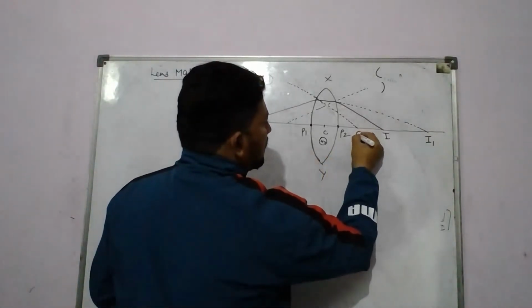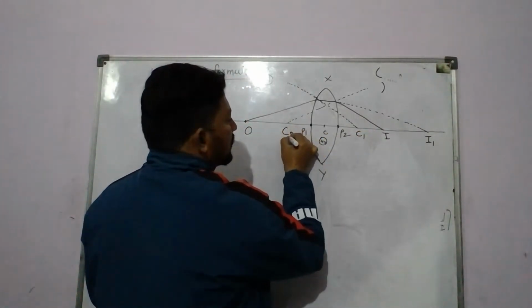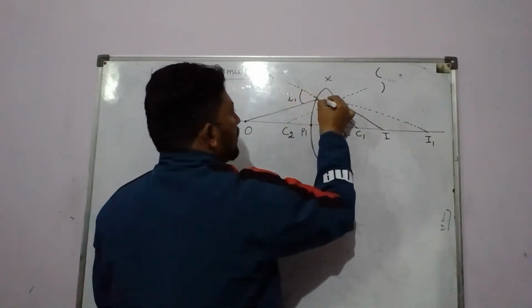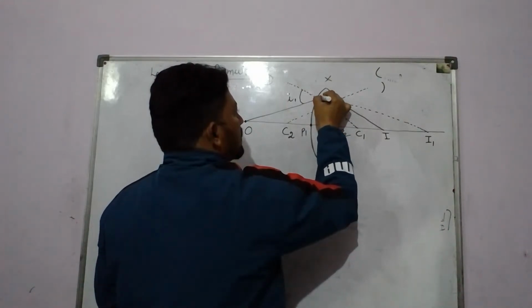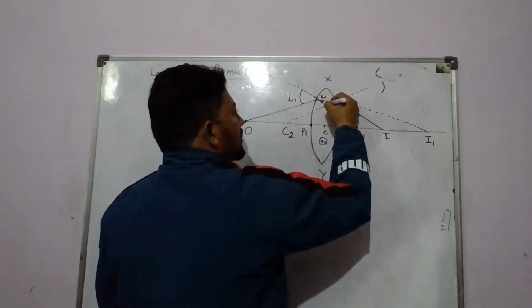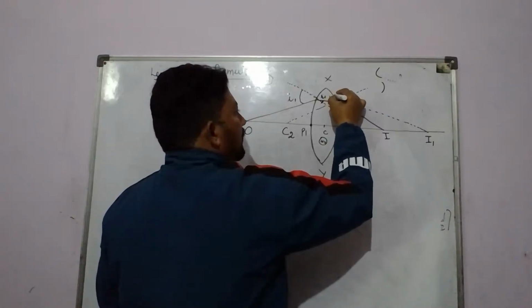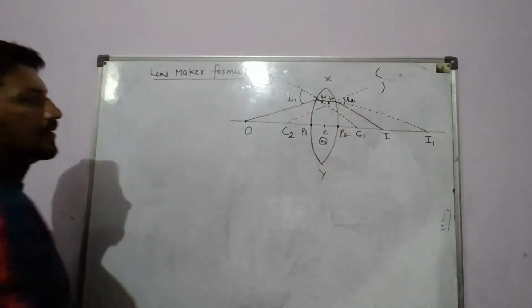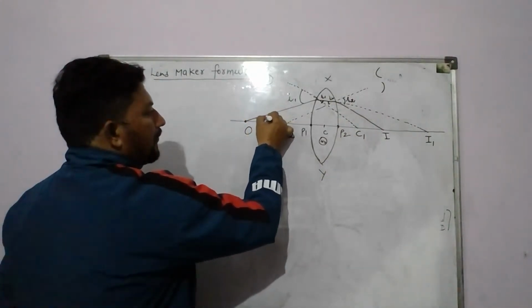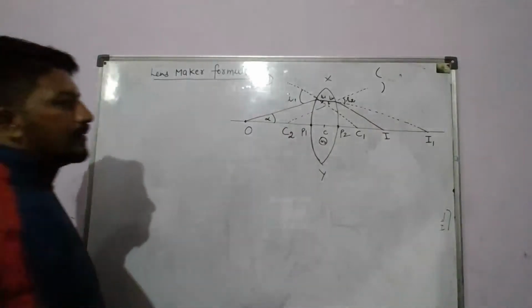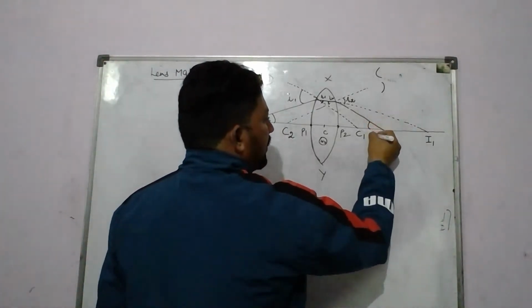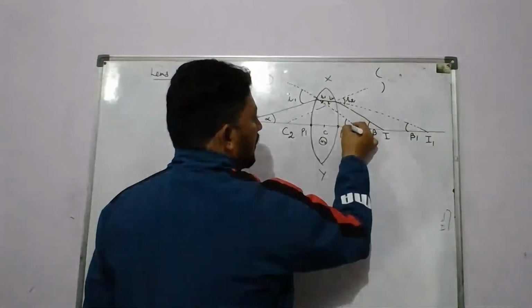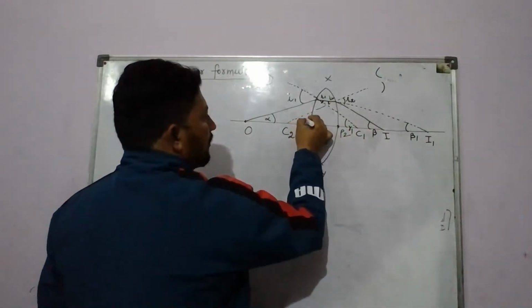So this is your C1 center of curvature, C2 center of curvature. This angle is I1, the incident angle. This angle is R1. This angle is I2. This angle is R2. This angle alpha. This angle beta, this angle beta 1. This angle gamma 1, this angle gamma 2.